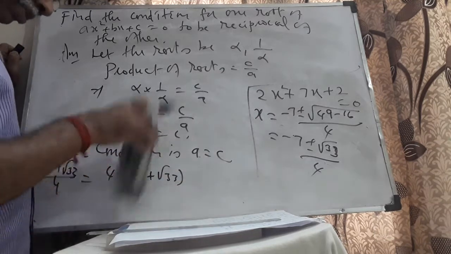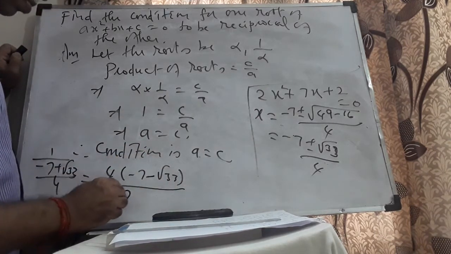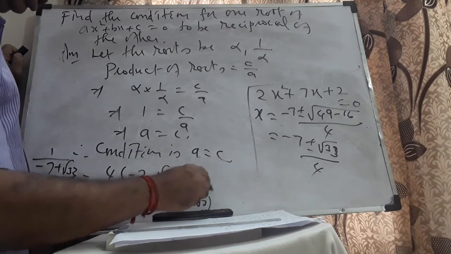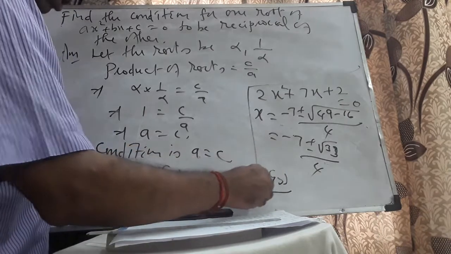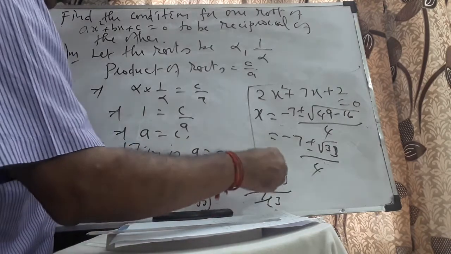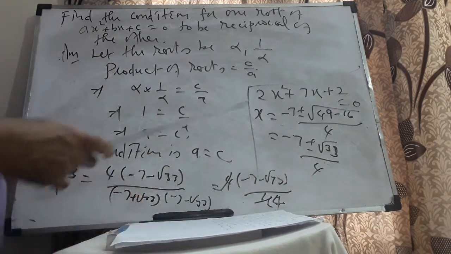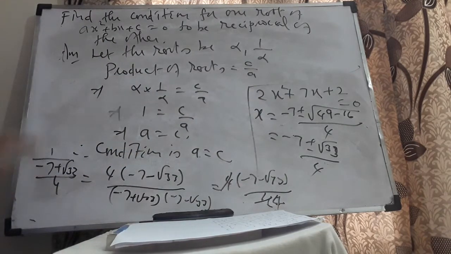Multiply and divide by the negative sign, by minus 7 minus root 33, which will be 4 into minus 7 minus root 33 by 16. This will be the reciprocal of the other one. One is the reciprocal of the other. You will be able to check whenever A and C are equal. One such example we have seen here.